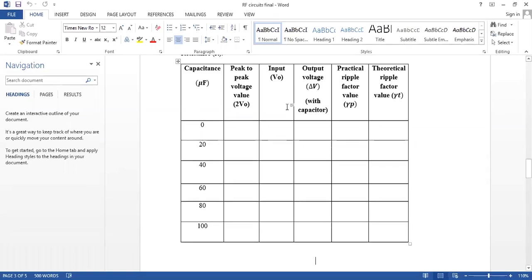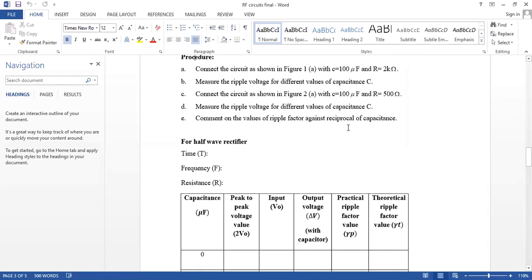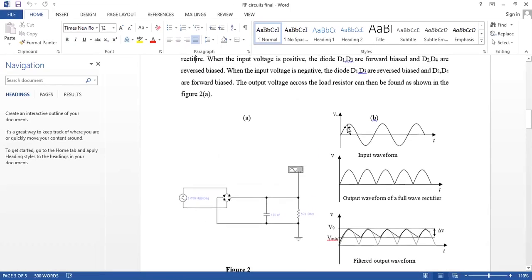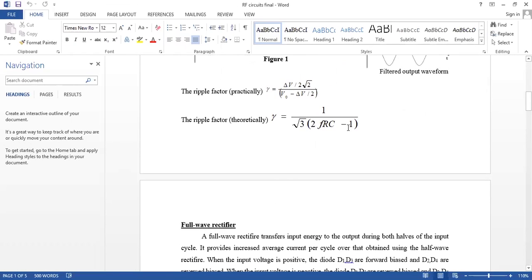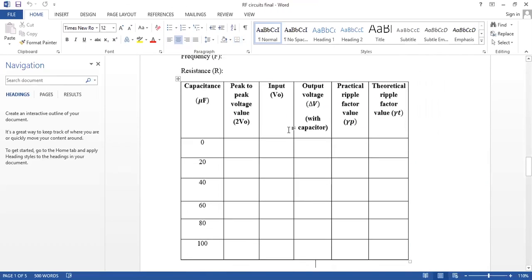Okay, you can calculate the values for the half wave rectifiers, and then you need to plot the graph, the ripple factor versus the reciprocal of capacitance. You need to draw the graph in one graph sheet for the half wave rectifiers.